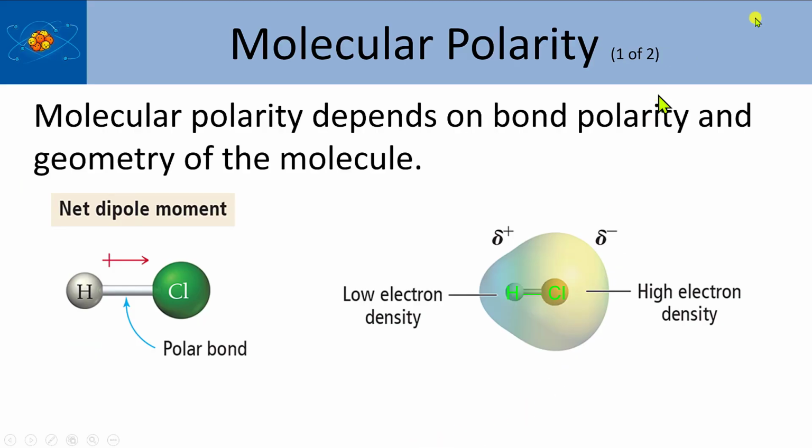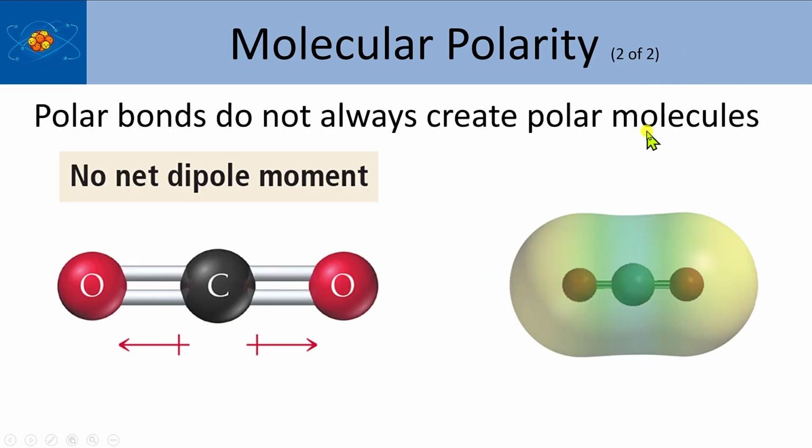But if we look at a molecule like carbon dioxide, what we find is that polar bonds don't always create polar molecules. So carbon is less electronegative than oxygen, but in carbon dioxide, there's a linear arrangement to the atoms. So we have dipoles for the bonds.